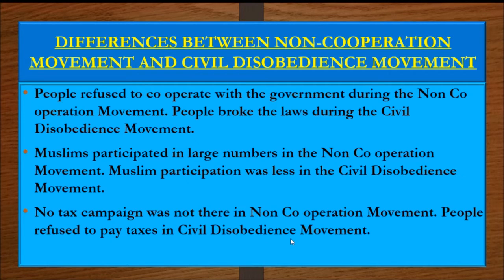These developments terrified the British government, children. To control such activities, the government started arresting Congress leaders one by one, and this resulted in ferocious clashes between the people and the police.